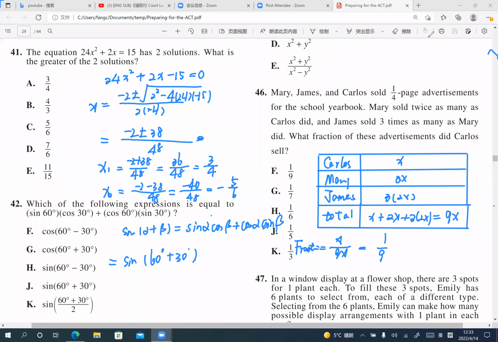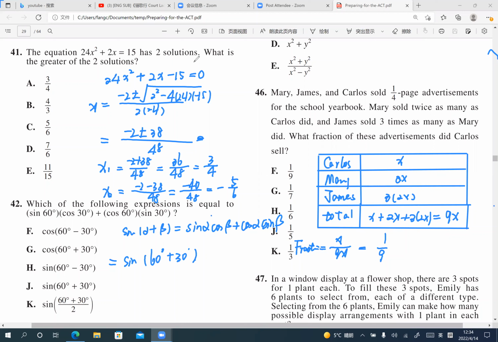Question 41. The equation 24x squared plus 2x equals 15 has two solutions. What is the greater of the two solutions? The first step, shift the number 15 to the left and flip the sign. We get 24x squared plus 2x minus 15 equals 0.